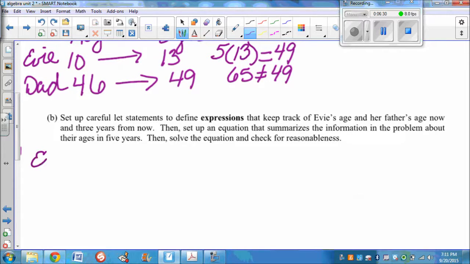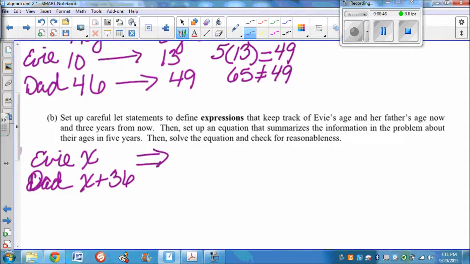So if we say that Evie's age is X, we don't know it, and her dad is X plus 36. Now Evie in 3 years, right, is going to be X plus 3. And her father in 3 years is going to be X plus 36 plus 3 years.